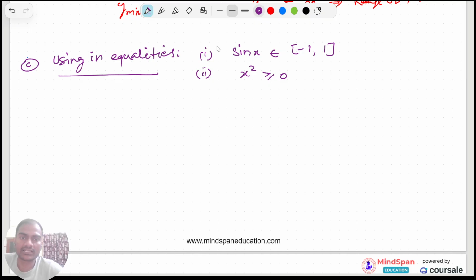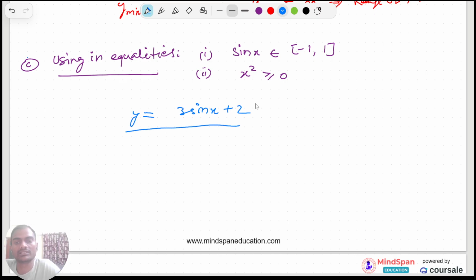So if we get an expression like this, y equal to 3 sin x plus, let's say, 2, then how can we calculate the range of this function?